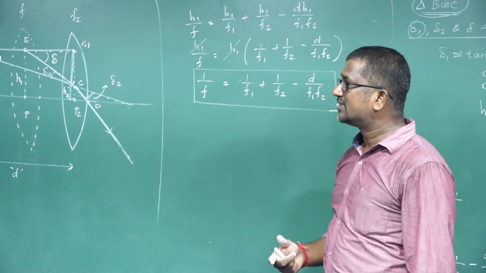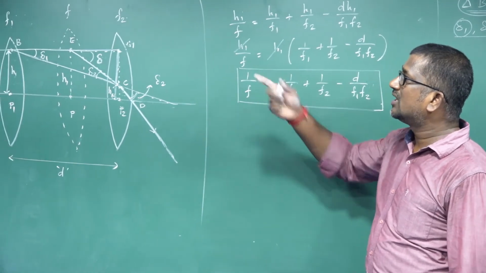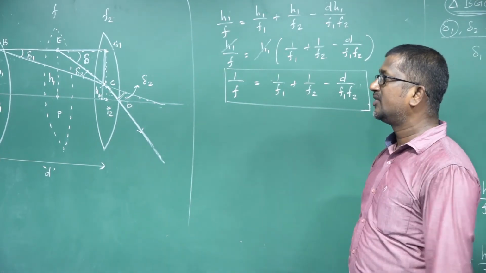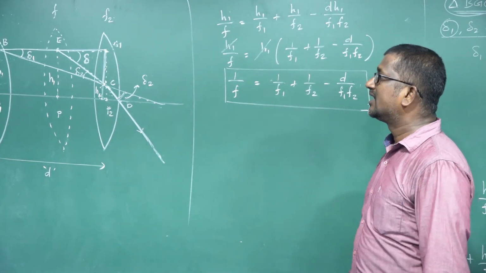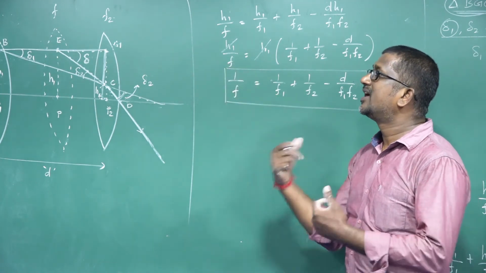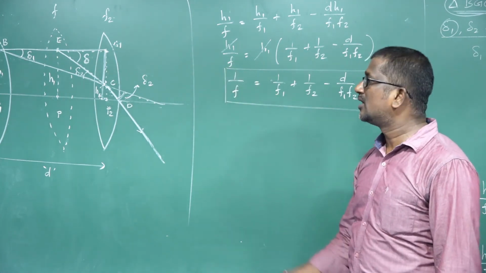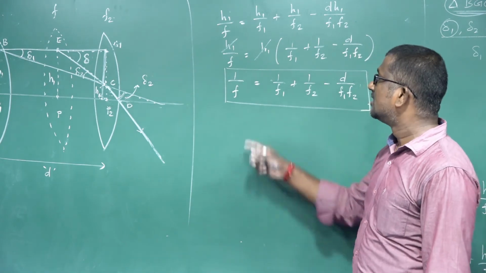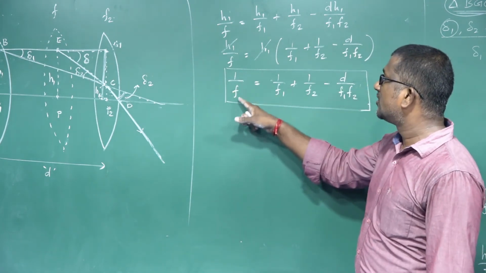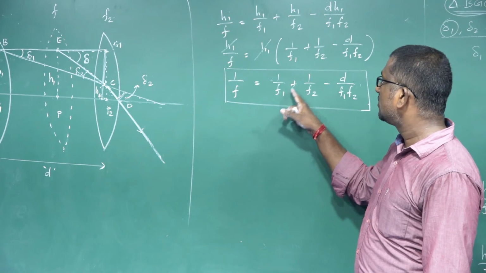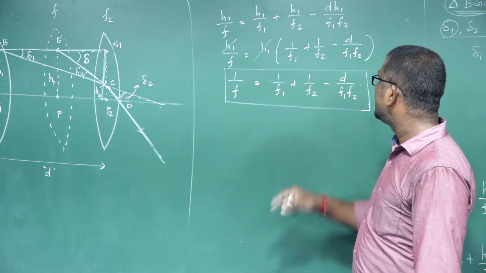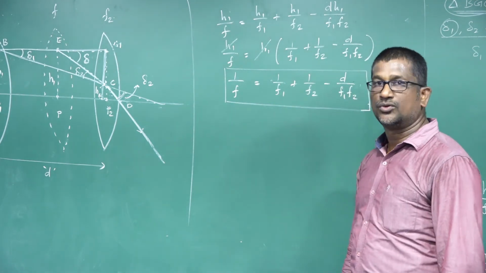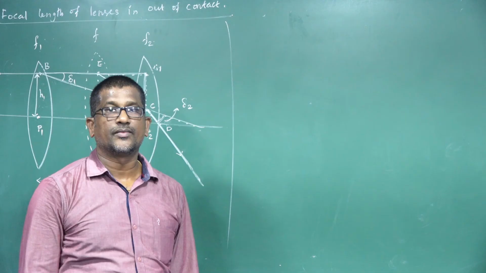If you know the focal lengths of the two lenses and the separation between them, we can determine the focal length of the effective lens, or the new lens. It is given by the relation 1 divided by F is equal to 1 by F1 plus 1 by F2 minus D divided by F1 into F2.